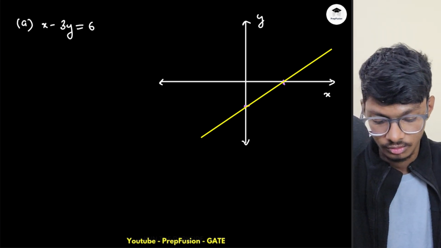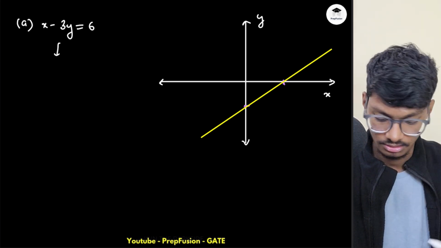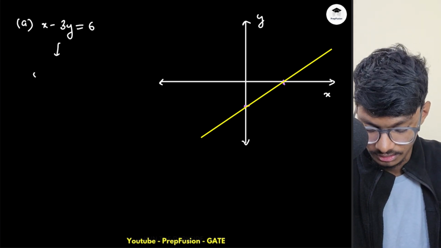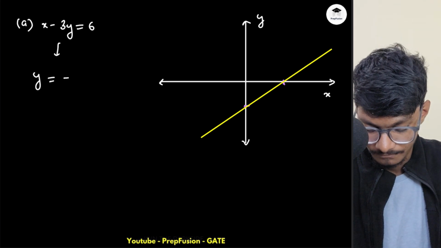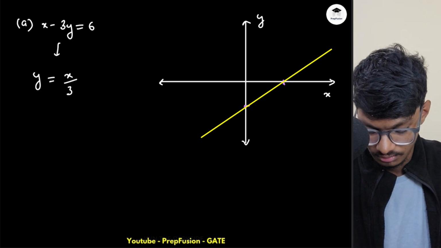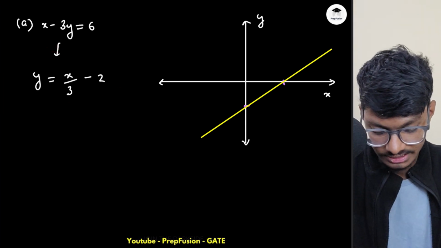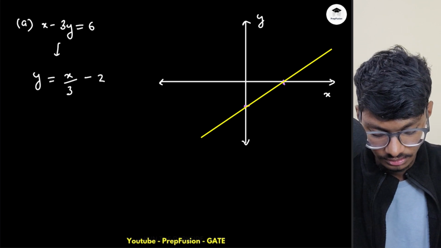Now, you could have simply written it as a standard linear equation. How do you write it? y equals 3x divided by 3 minus 2, that is, y equals x by 3 minus 2. Here you can directly see my x intercept and my y intercept.